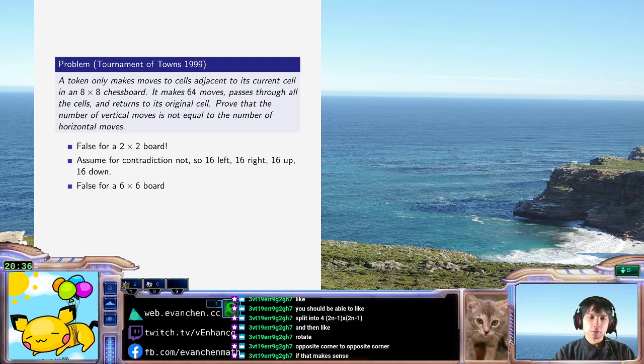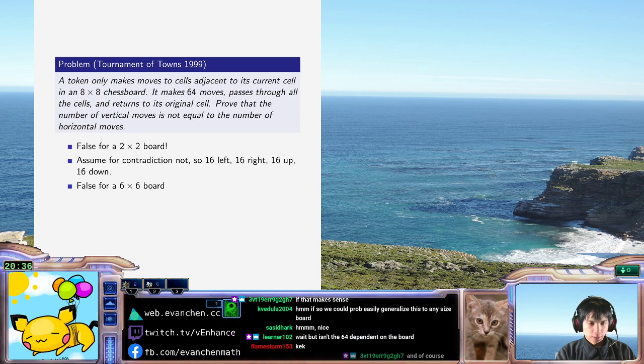Yeah, I understand this construction. So for a 6x6 board, oh, this is a good problem. I thought this was gonna be something stupid. No, there's actually substance here. Yeah. So what you do is, so path.